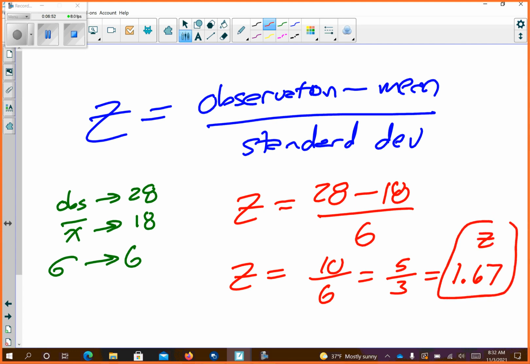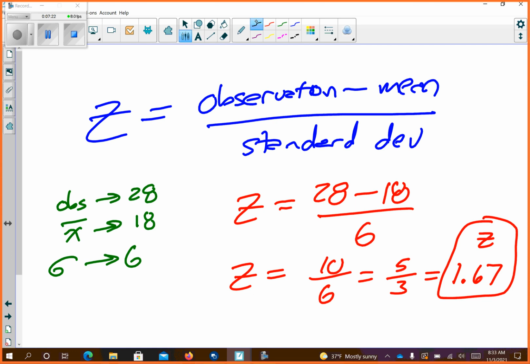Okay, so this person in our scenario has a z-score of 1.67 because 5 divided by 3 is roughly 1.67. It's actually 1.6 repeating forever, but we rounded to 2 decimal places. So they are 1.67 points above the average. Okay, and we'll talk about tomorrow where this relates to a normal curve.